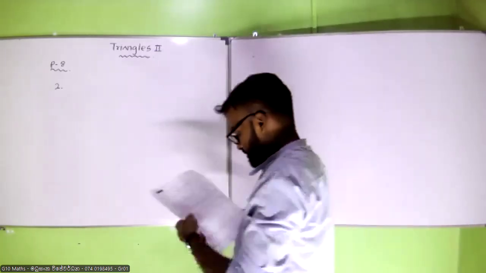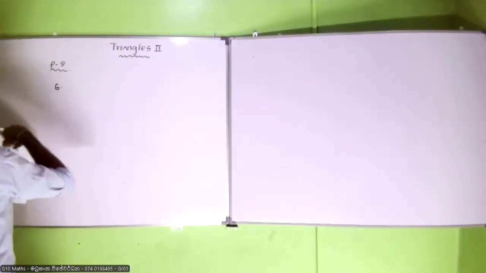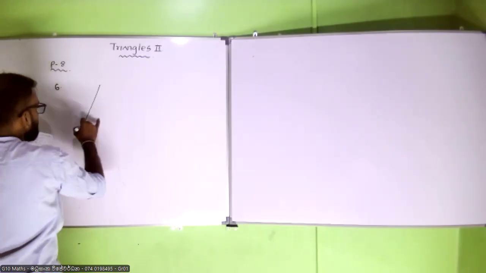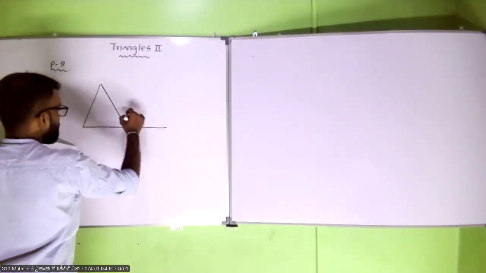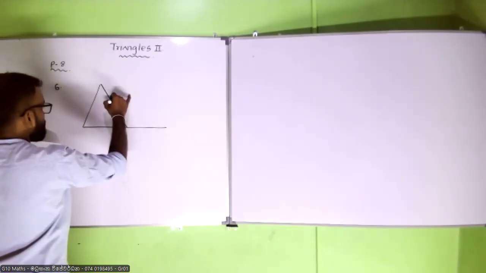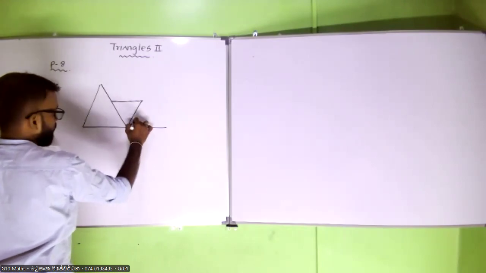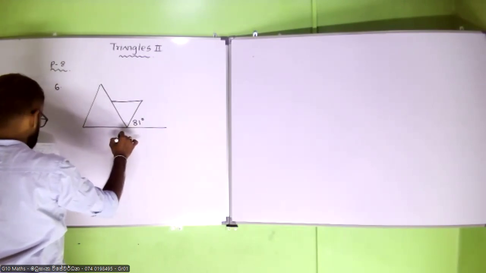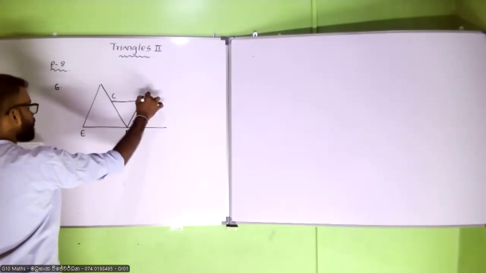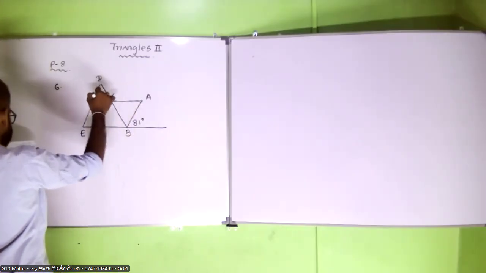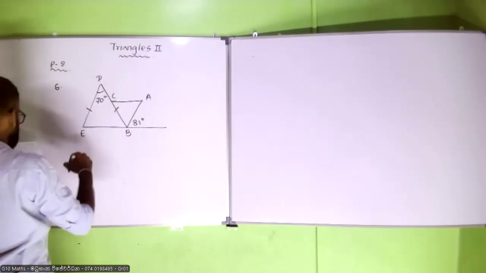This one, page number 8, sixth question. There is another triangle like this. This angle is 81 and this is 70. These two sides are equal.